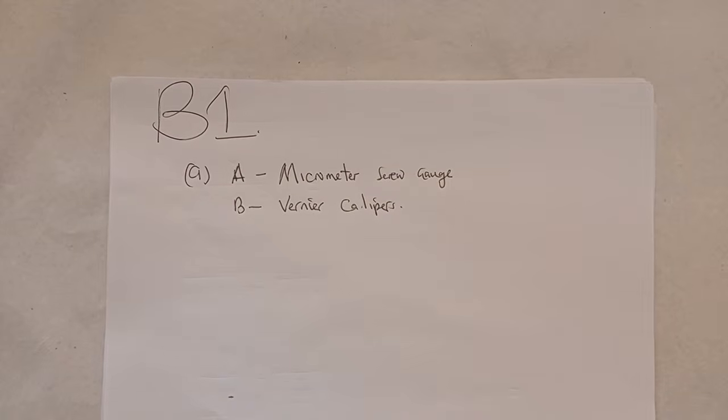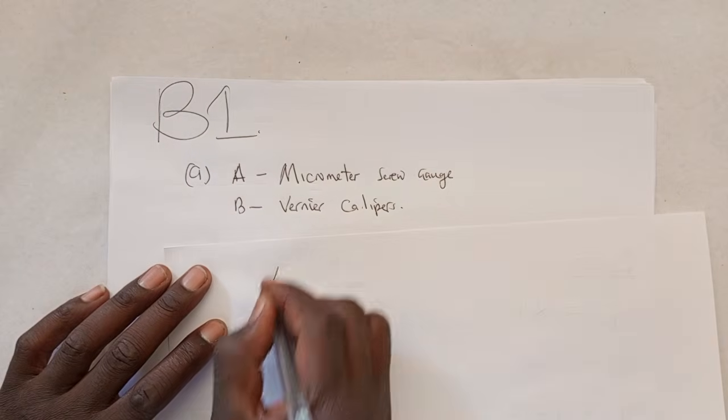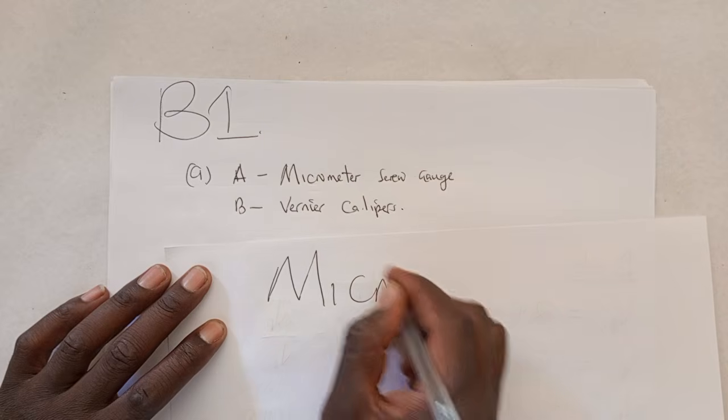Now I want you to be mindful of the spellings. Physics or any other science is something that you really need to be careful with, the small and minor things that could be considered as huge mistakes. Look at the spelling for micrometer. Micrometer is not written like this.